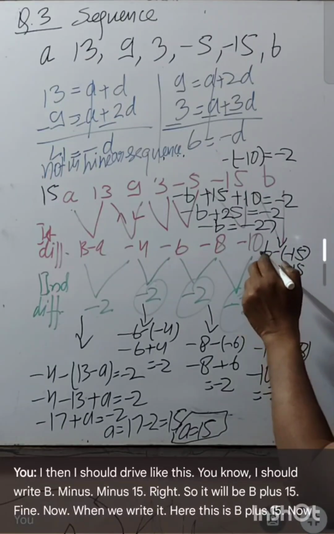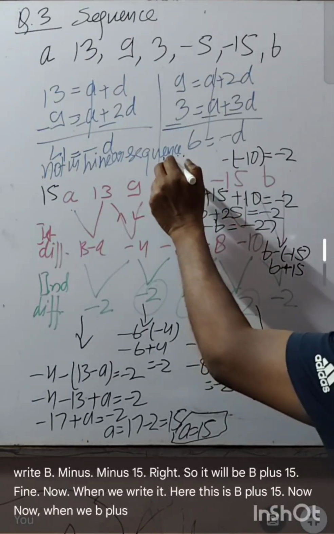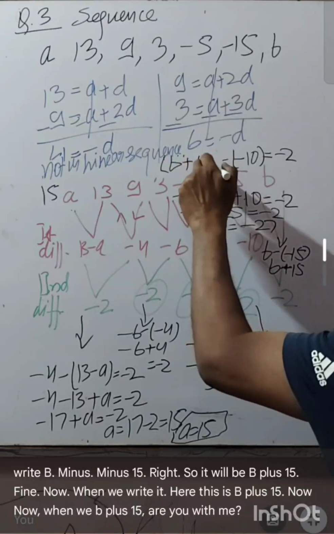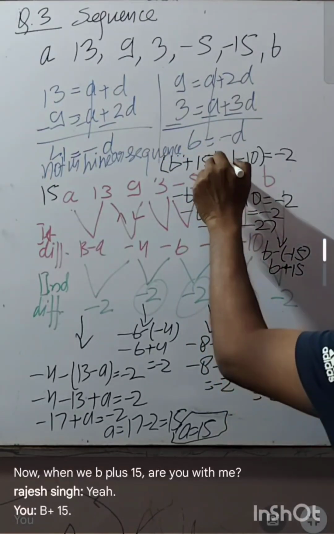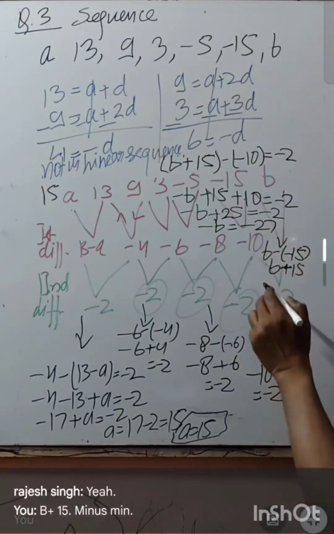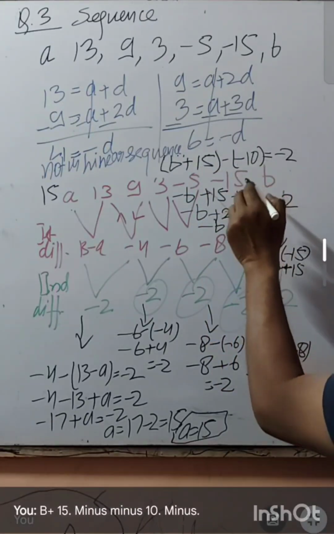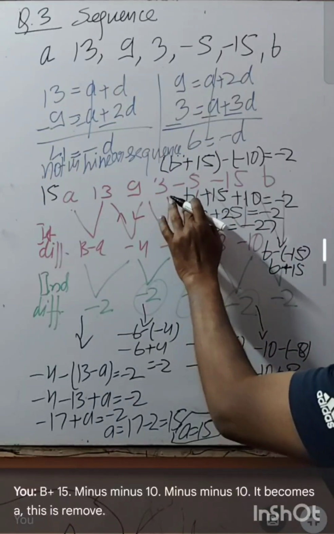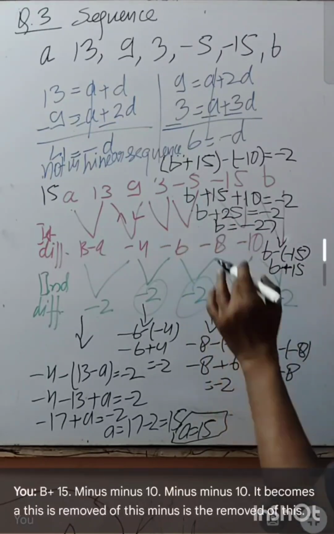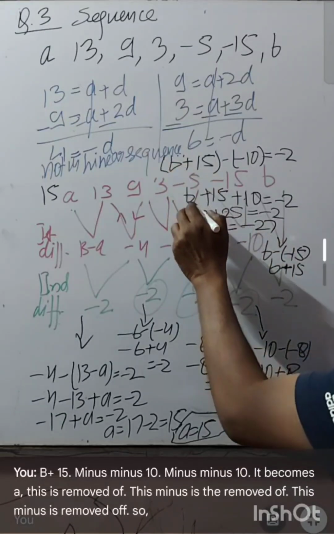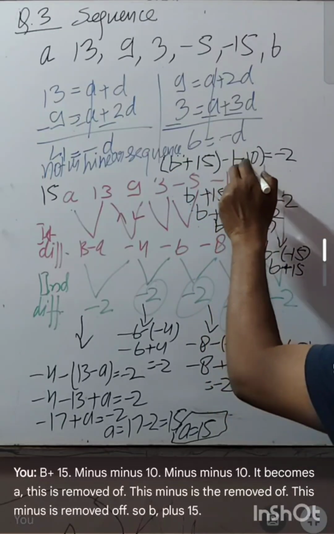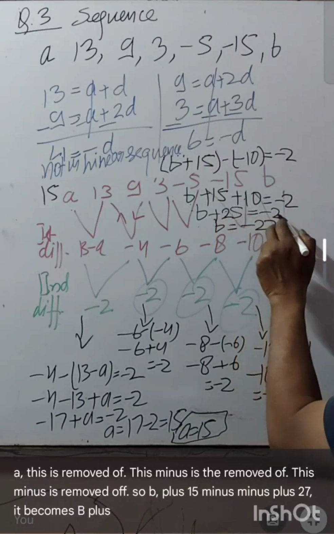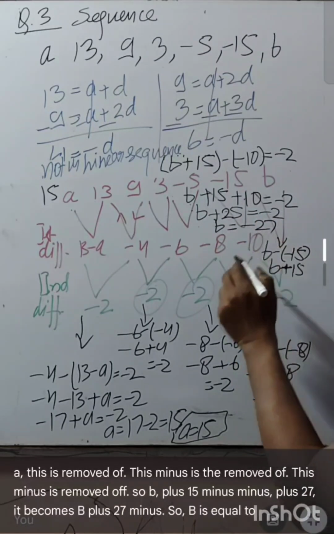Are you with me? b plus 15 minus 10, it becomes, this minus is removed, this minus is removed. So b plus 15 minus plus 27, it becomes b plus 27 minus, so b is equal to minus 27.